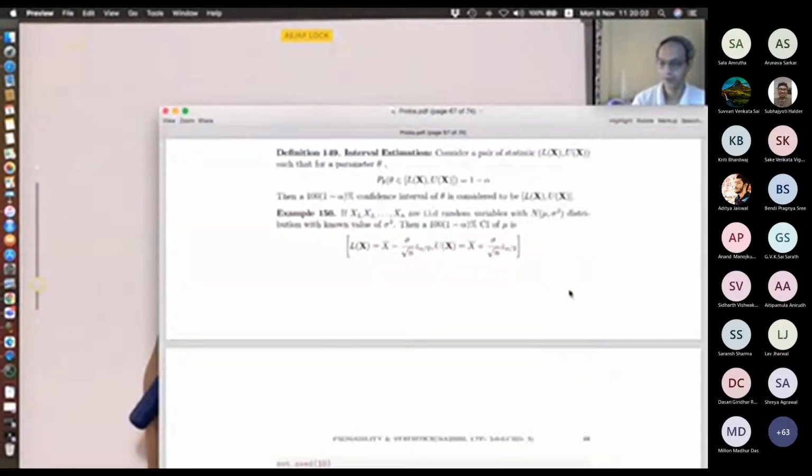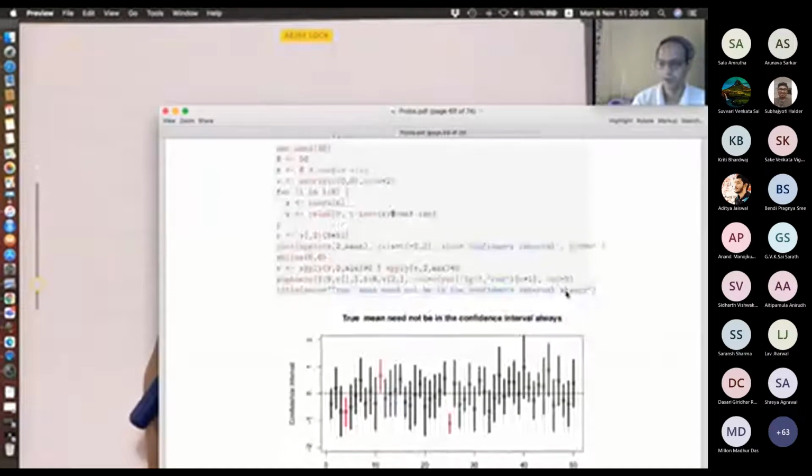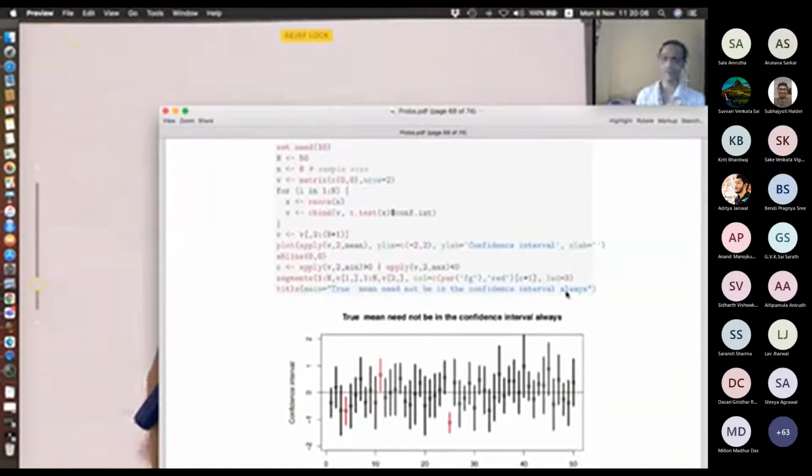So here what we are trying to say is that the random intervals that we get are different for different samples. For example, here I have drawn 50 different samples with sample size 8 from the normal distribution, normal 0, 1, which I know as I have generated the data.